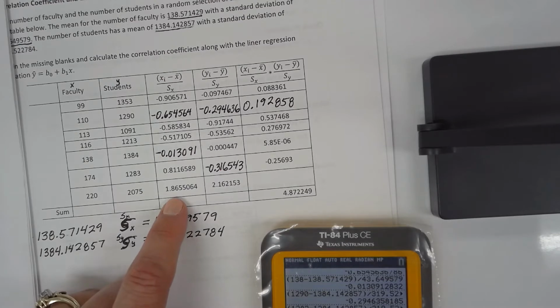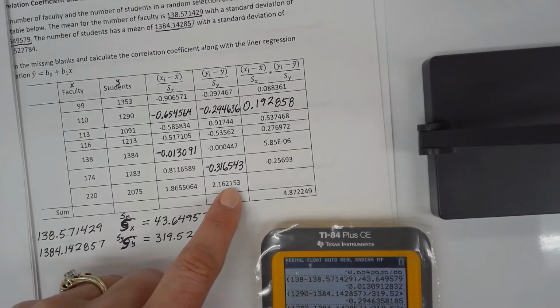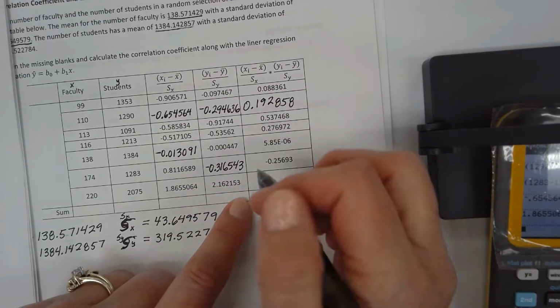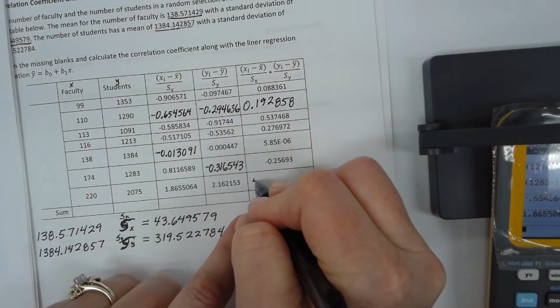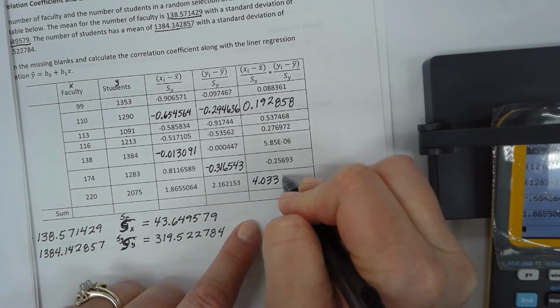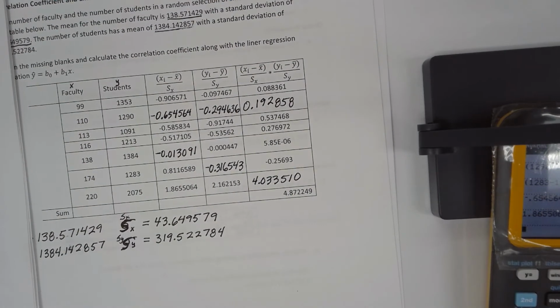So 1.8655064 times 2.16 is 4.033510. Any questions on that?